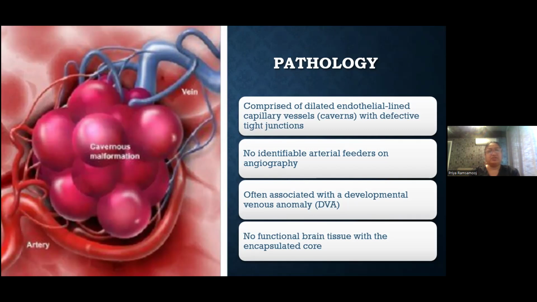Some other structural characteristics that we need to be aware of is that on light microscopy, it stains for von Willebrand's factor. They don't have a smooth muscle layer. And then, of course, as I said, because you have those defective tight junctions, you see abnormal gaping of the tight junctions between the endothelial cells. So it permits leaking of blood, right?